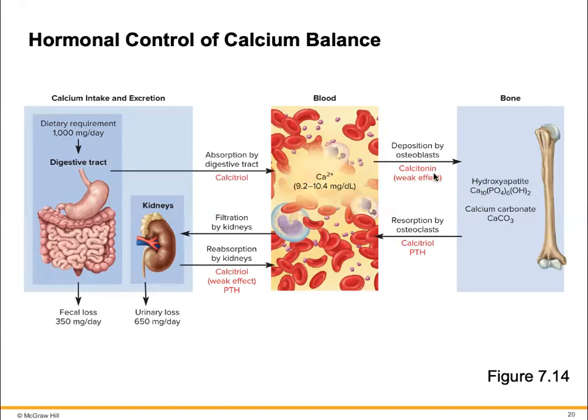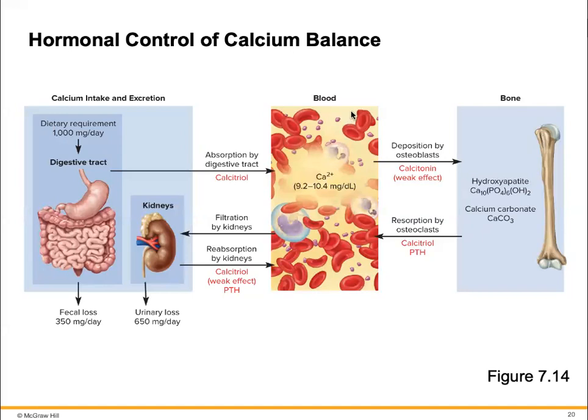And calcitonin is the hormone that does actually increase your osteoblast activity. Calcitriol, if you don't have enough calcium in your body, will cause us to resorb bone through osteoclast activity, and that works in conjunction with the parathyroid hormone.